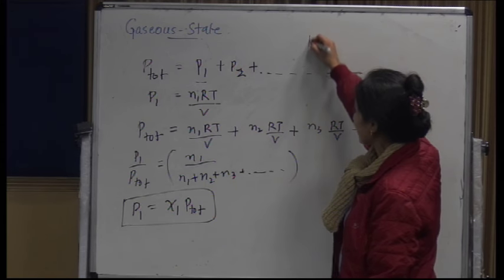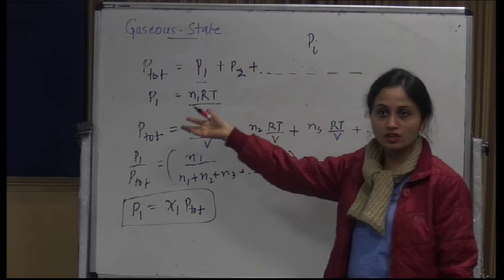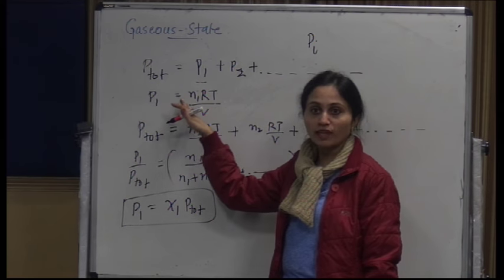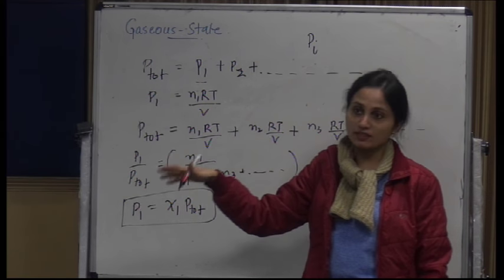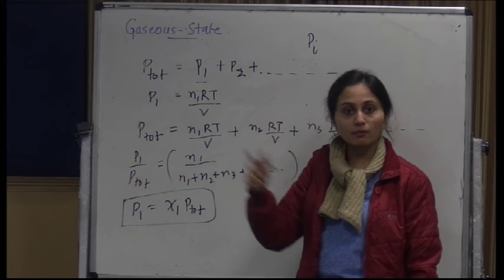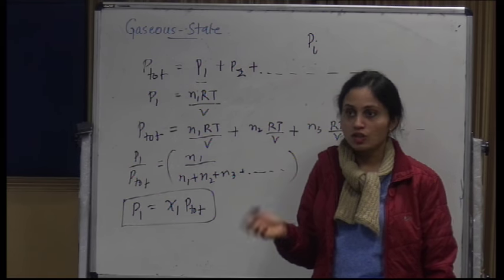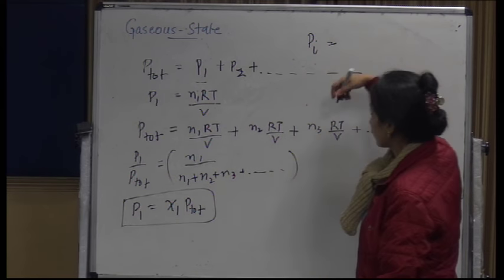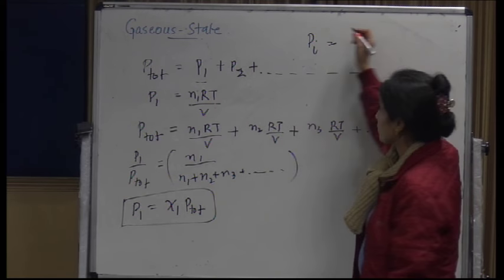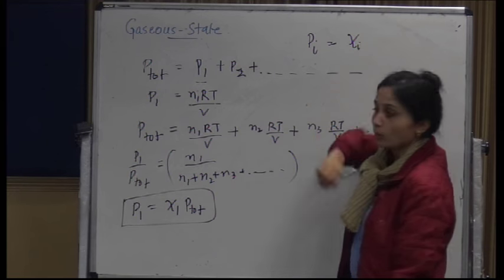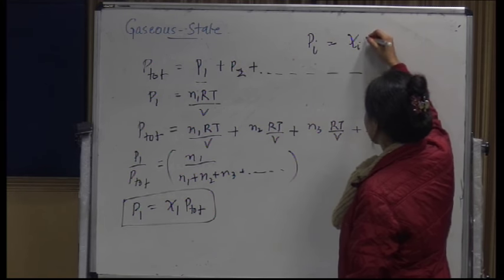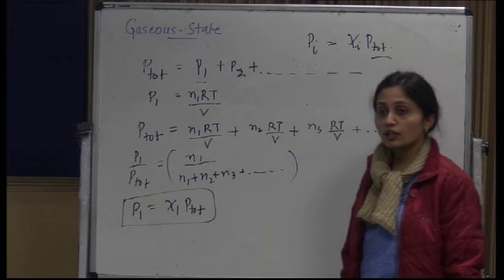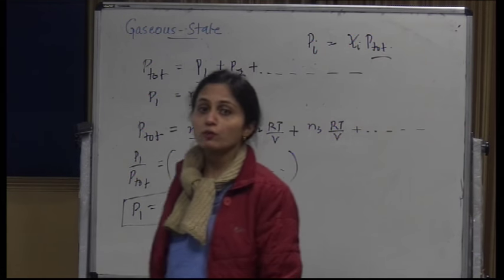If I generalize this expression for P2, P2 will be equal to N2 upon N1 plus N2 plus N3 and so on, so that will be chi2 into P total. It can be generalized: for the ith gas, P i will be equal to the mole fraction of the ith gas into P total. Similarly, you can also derive an expression for volume as well.